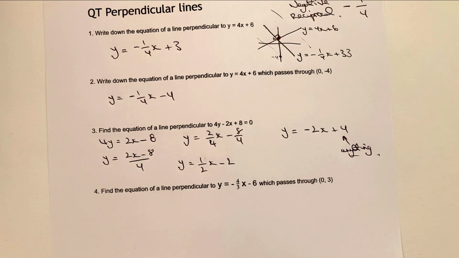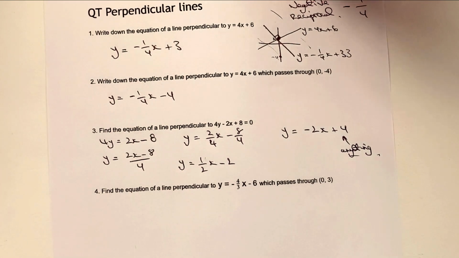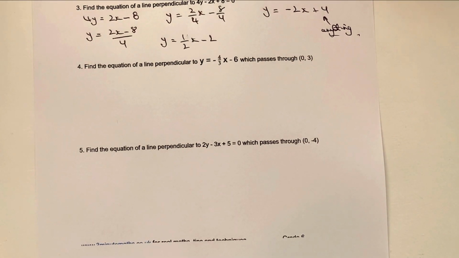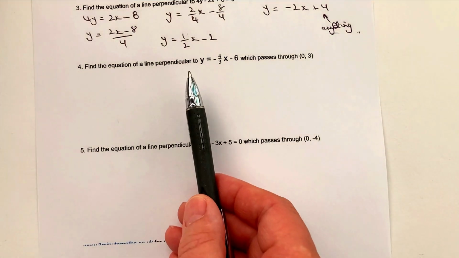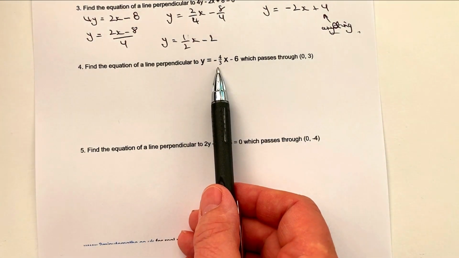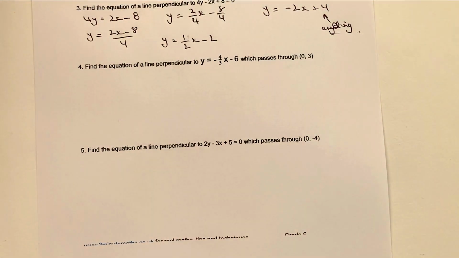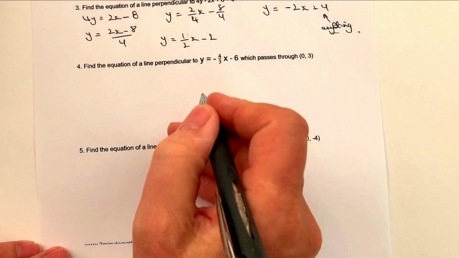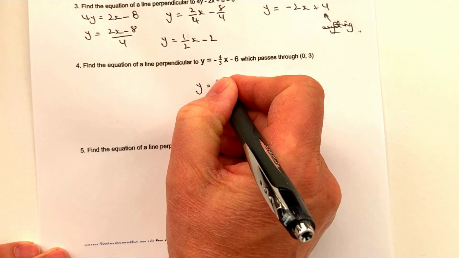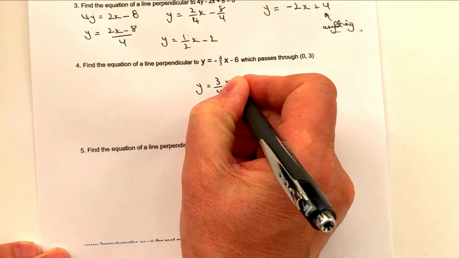Let's move on then to question number 4. Find the equation of a line perpendicular to that which passes through that point. The perpendicular line is going to be the negative reciprocal of minus 4 over 3. The reciprocal is going to be 3 over 4, and the negative of a negative is a positive. So it's going to become y equals 3 over 4 x.